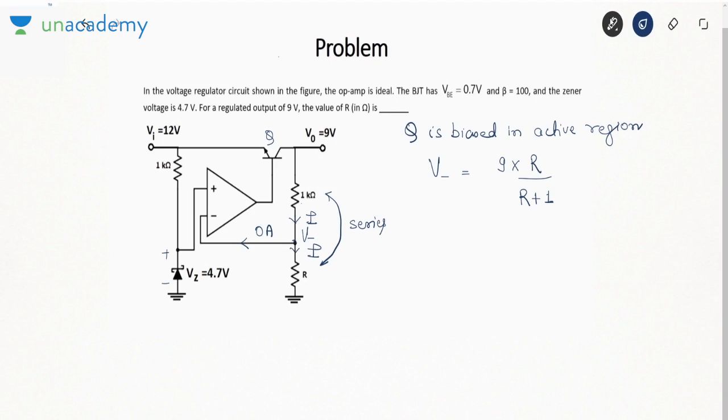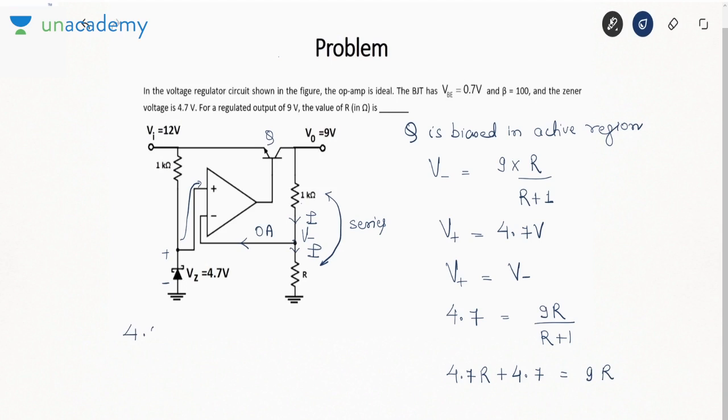Now based on Zener voltage, you can see that positive terminal voltage is 4.7 volt. And by virtual ground, positive terminal voltage is same as negative. 4.7 equal to 9R over R plus 1. 4.7R plus 4.7 equal to 9R.